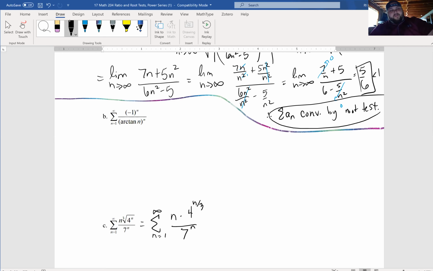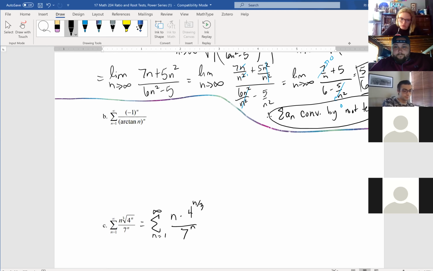So do you all feel comfortable to go ahead and try these? So it'd be both root test problems and the ratio tests that I left behind.